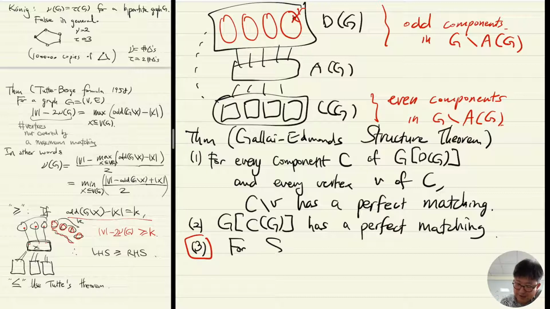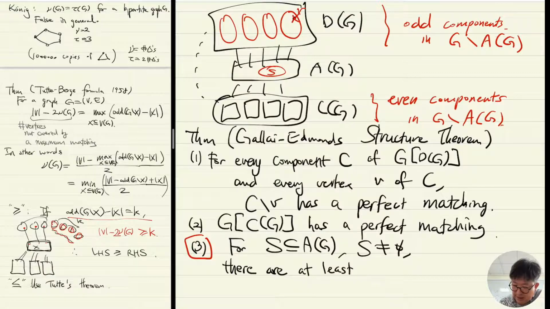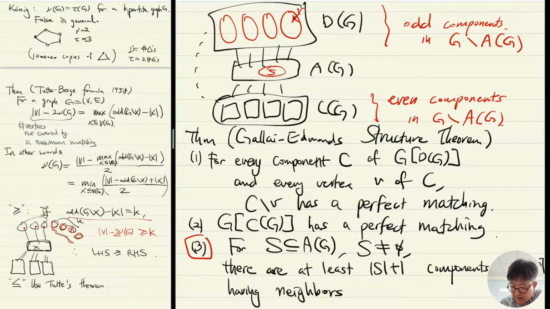For any subset S of A(G) which is non-empty, there are at least |S| + 1 components of G − A(G) having neighbors in S. So if you remember the last part of Tutte's theorem, we proved something like this, except we were using Hall's theorem, so there was no plus 1 condition.